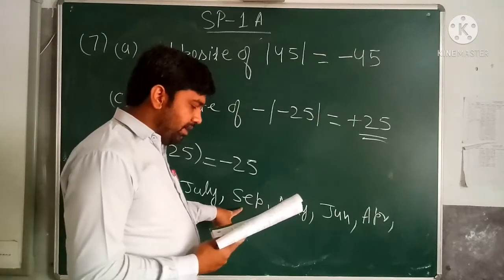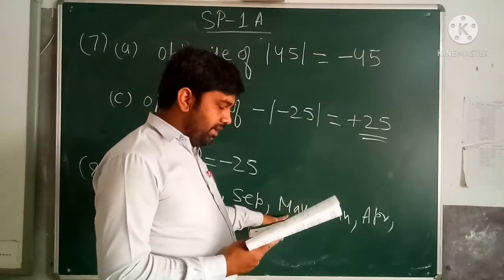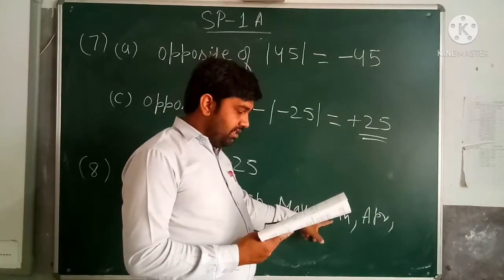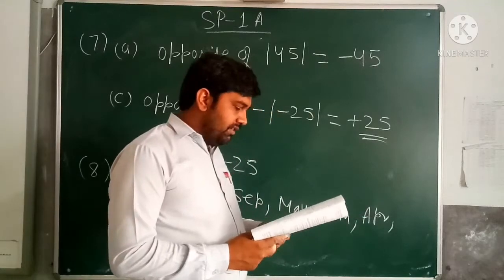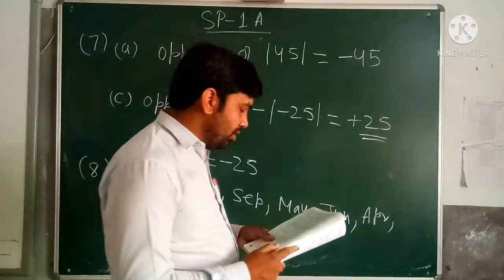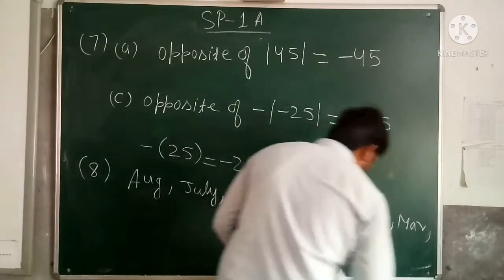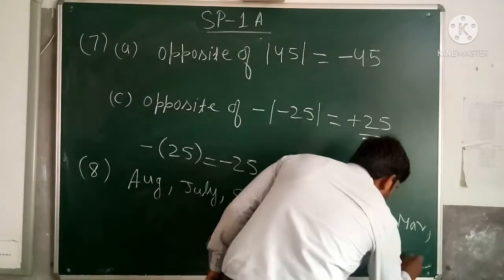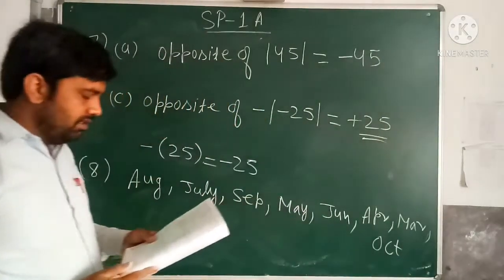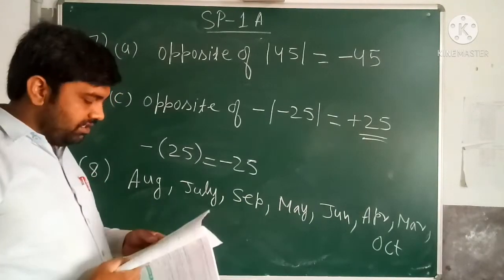After minus 87, minus 86 May, then minus 85 June, minus 84 April, and minus 72 March. And then the last, October minus 71. So October is the warmest month, and the coldest month is August.